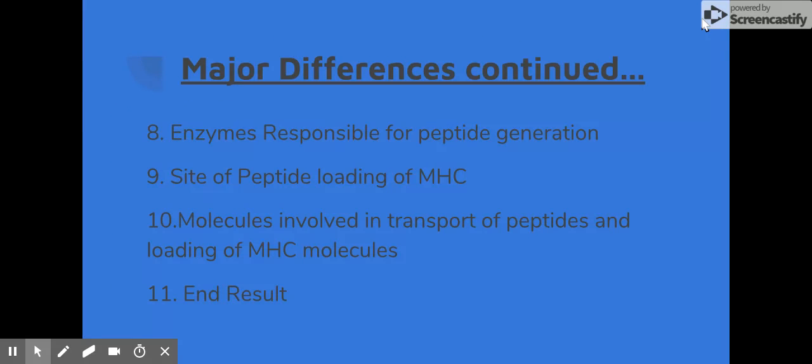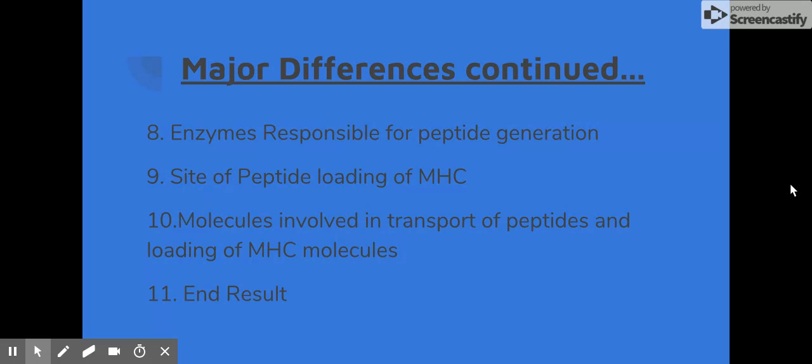So we'll go to the last part of the major differences. The last 4 that we're going to talk about are: number 8, the enzyme responsible for peptide generation; 9, the site of peptide loading of MHC; 10, molecules that are involved in transport of peptides and loading of MHC molecules; and then 11, the actual end result.